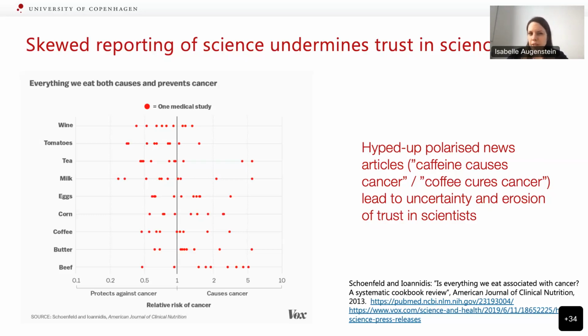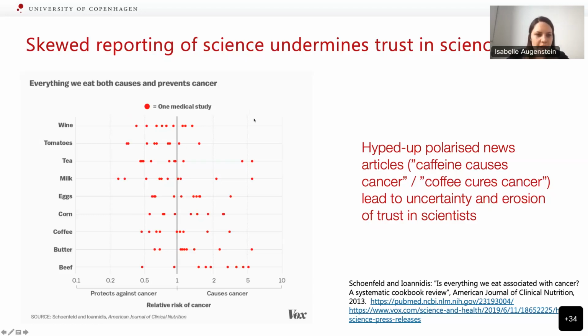Whereas if you look at the actual underlying facts, you find that it's much more nuanced and complicated. So what I have here on the left-hand side is a meta-analysis of common cookbook ingredients with their relative extracted risk of cancer. And you can find that lots of studies find that wine protects against cancer, but also some that it causes cancer.